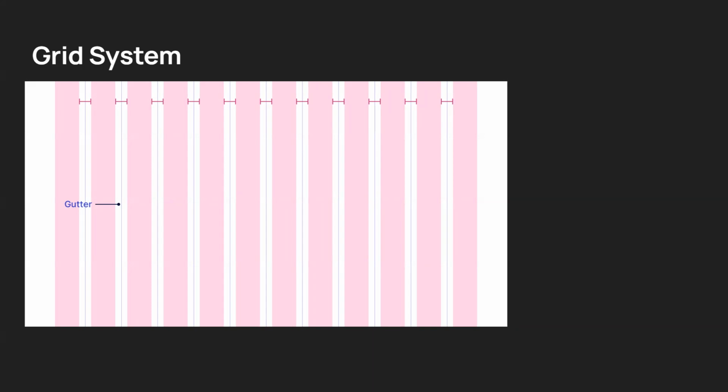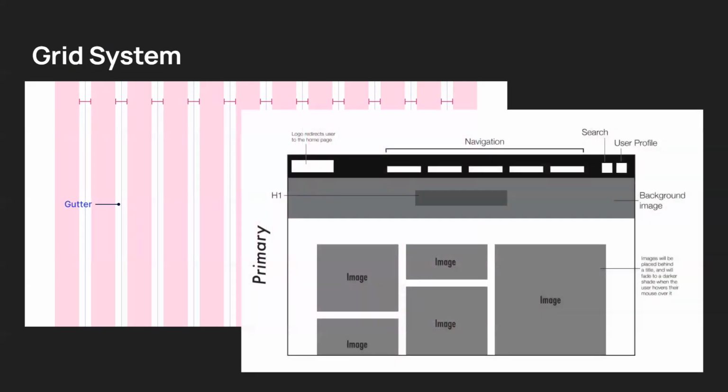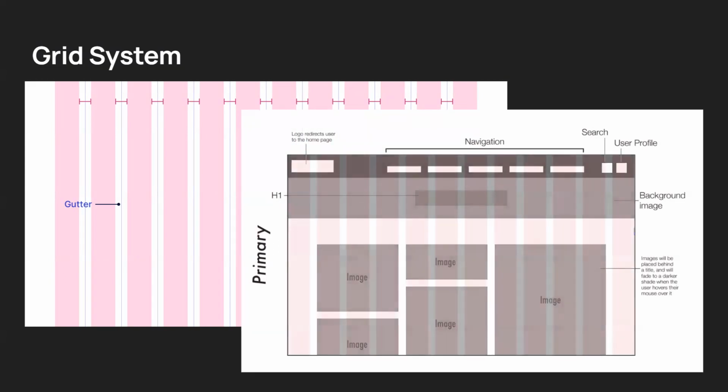So basically, this is something I did, and even though there's no imagery here, you can see that it's aligned with the columns. So yeah, most of that is aligned. You can see how the images fit within a certain amount.